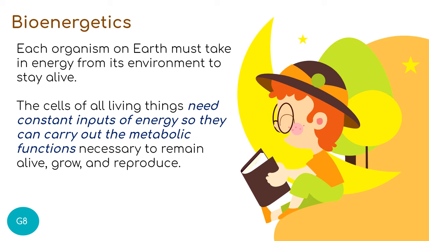Okay? So that's why the basic need of animals and plants is to consume energy, or produce energy and then consume energy, so they can perform their metabolic functions such as respiration, circulation, reproduction, and all those processes. So that's why we need to eat, we need to drink water, we need to breathe in oxygen just to get energy.